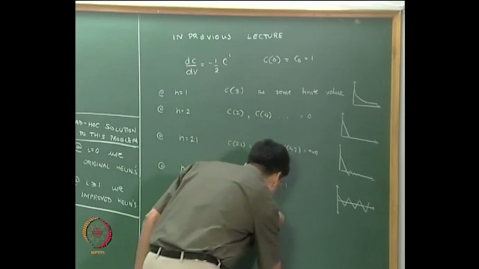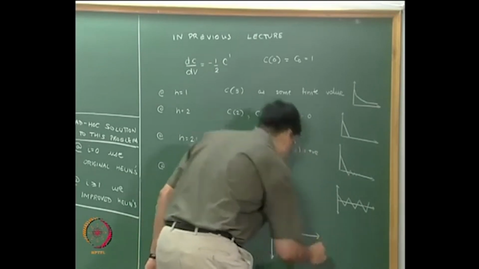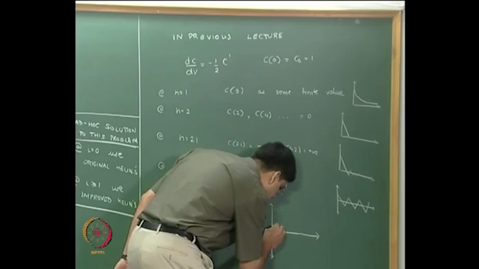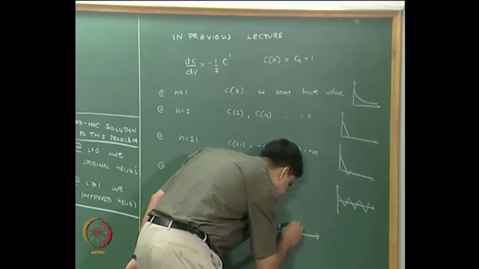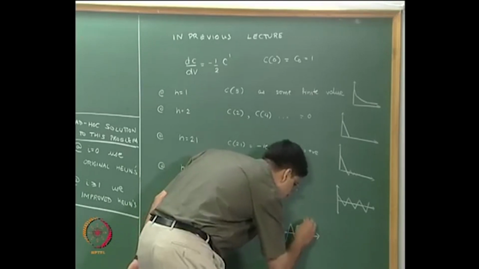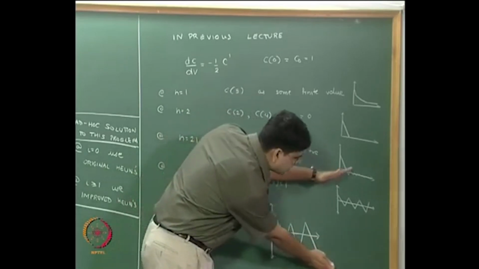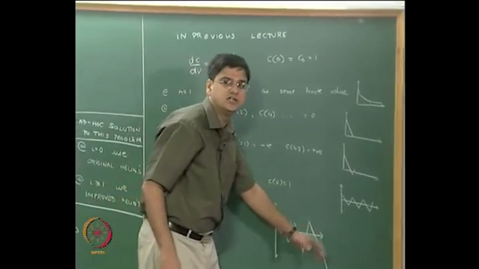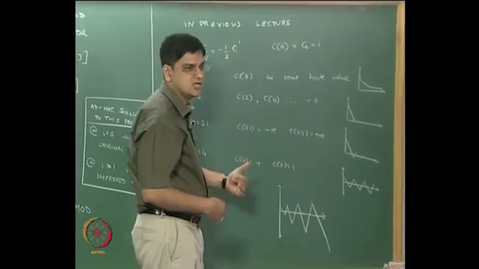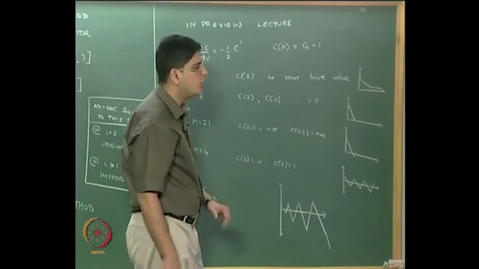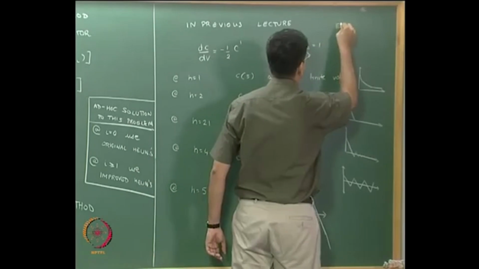If we plot this for h equal to 5, we will see a plot of this type. This keeps expanding and we will reach either plus infinity or minus infinity alternately, as volume V tends to infinity. So this is what we saw with Euler's explicit method.